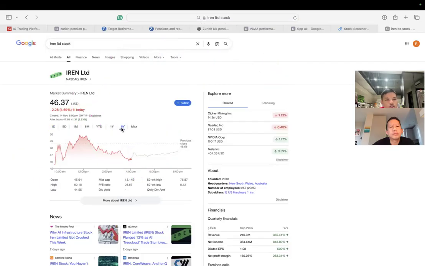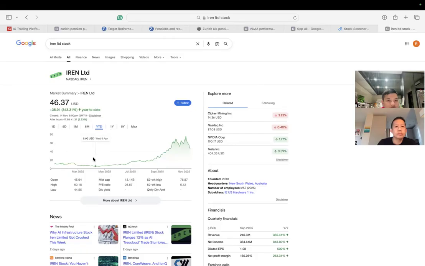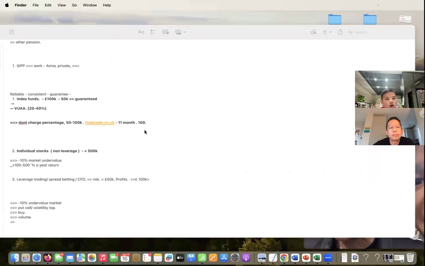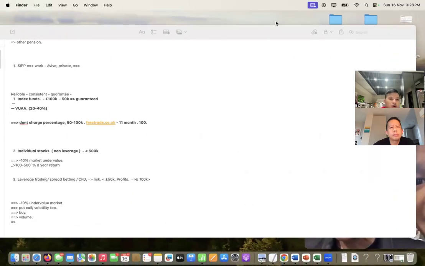If you buy Aaron stock, like what we recommend, you can see 1 year ago, year to date, from around 11, it went all the way to around seven. 11 to 77 is around 6 to 7 times your money. So just to make it safe there, we call it times six, times five, something like that.